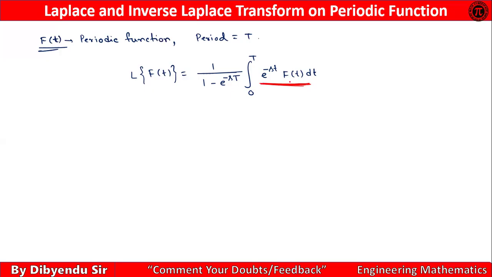This is the simple formula. Remember, period is always positive. Negative period is not possible.